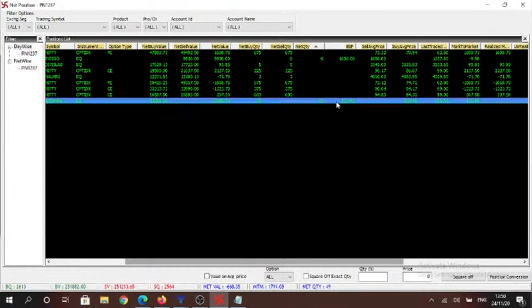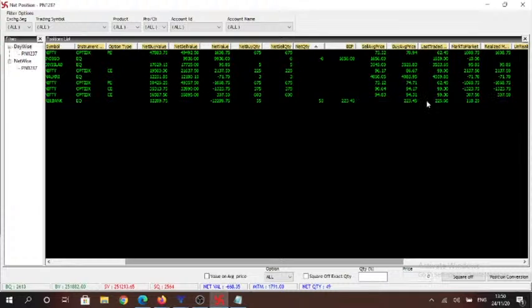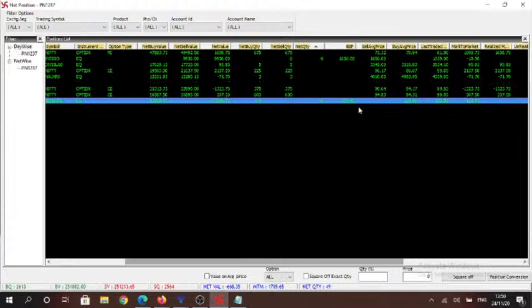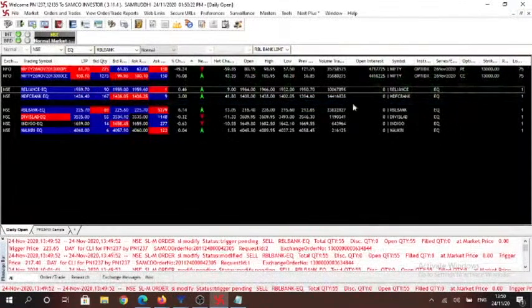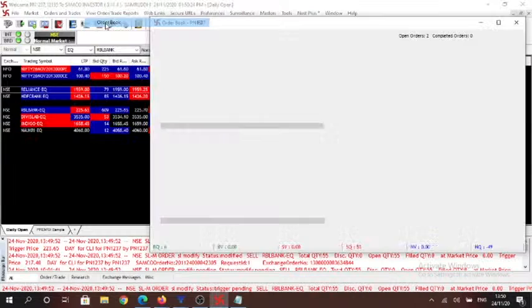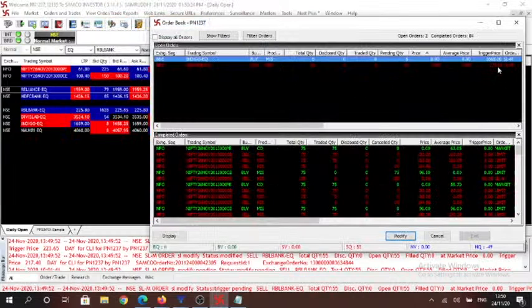Where is RBL Bank? Yep. 223.45, and we have placed an order at 223.65. So it's at break even right now.